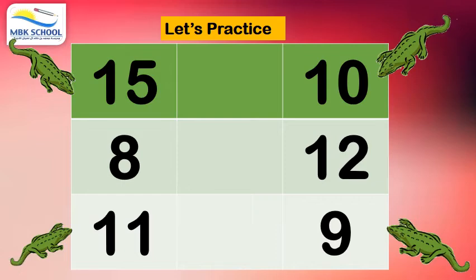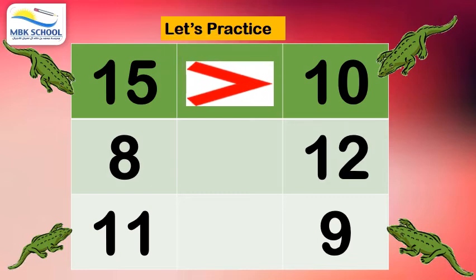This time we're going to compare 2 numbers. Okay, so we have here the first set, 15 and 10. So what is the equation to this? What do you think is the symbol that we're going to use? So 15 is greater than 10. 15 is the bigger number than 10, so the opening of his mouth goes to the number 15.